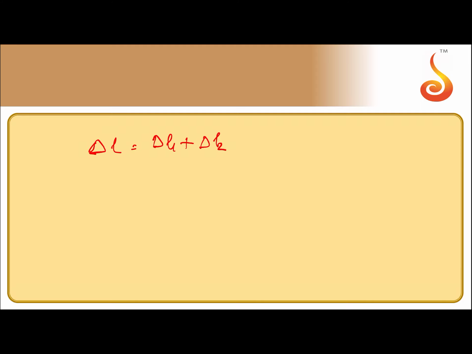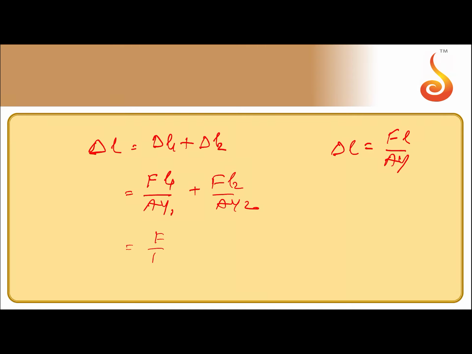That's right. What is that equal to? In general, delta L is given by FL divided by AY. So I'm going to write it as F L1 by AY1 plus F L2 divided by AY2. F by A can be pulled outside along with L, 1 by Y plus 1 by 2Y.